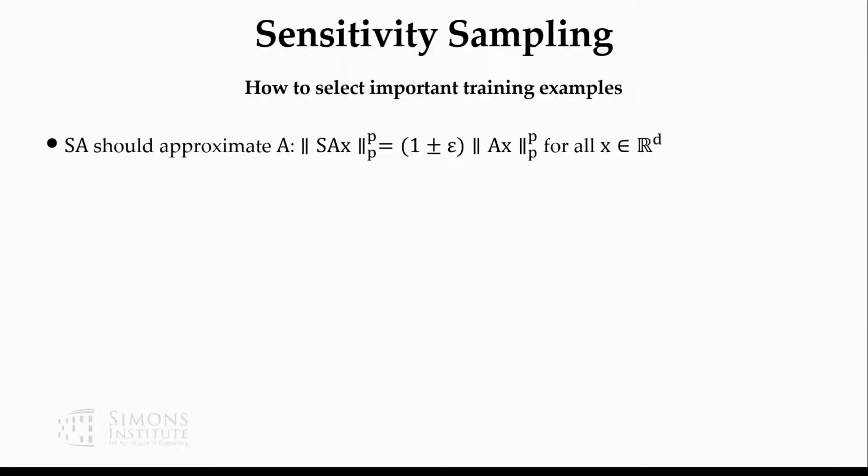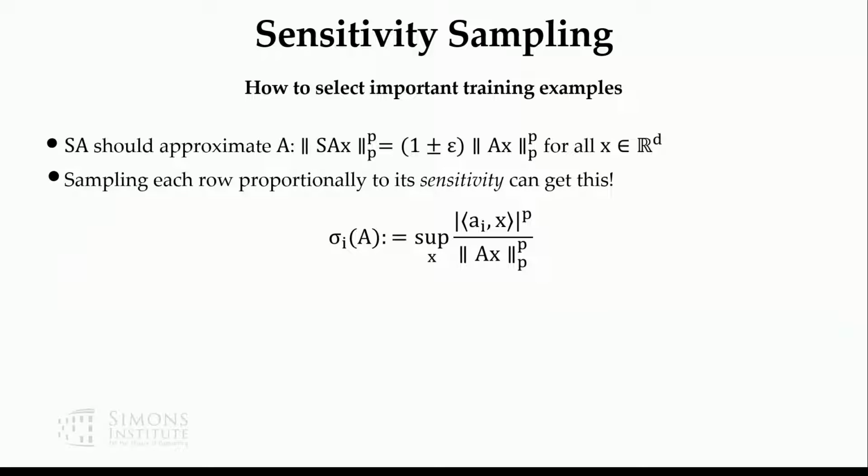Okay, so how should we sample rows of A with no particular x in mind? We'd like this to hold for all x. Well, sampling each row proportional to its sensitivity can get this.